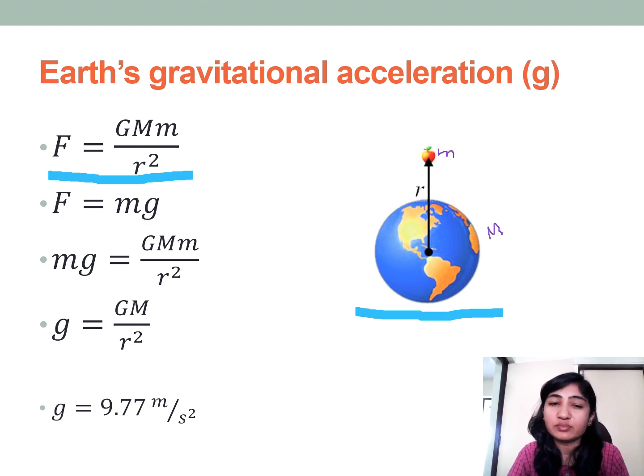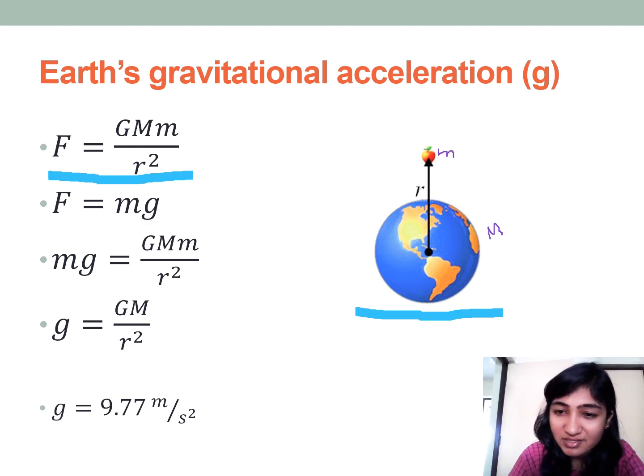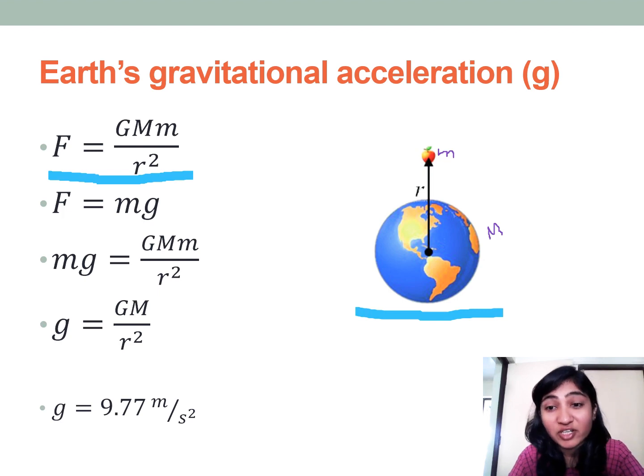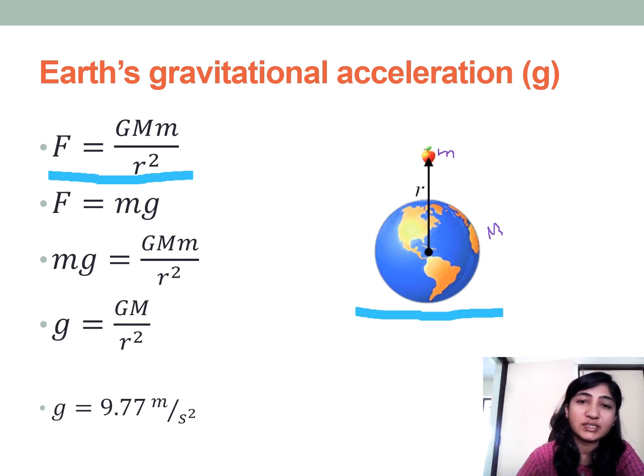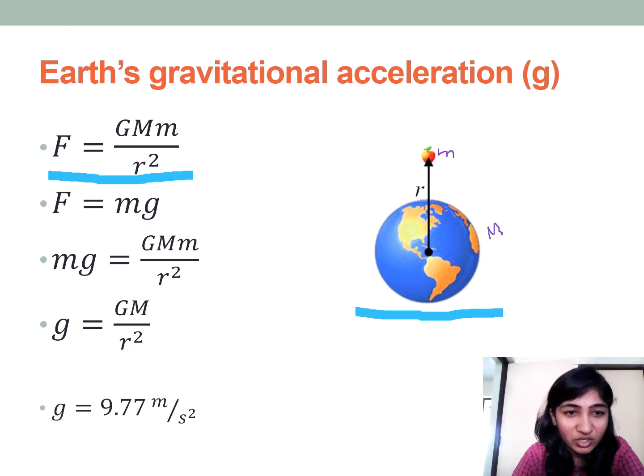But from Newton's second law of motion, we have seen that F is equal to ma, just like in the previous slide. But here the acceleration is gravitational acceleration, so a is replaced by g, and F is equal to ma becomes F is equal to mg.